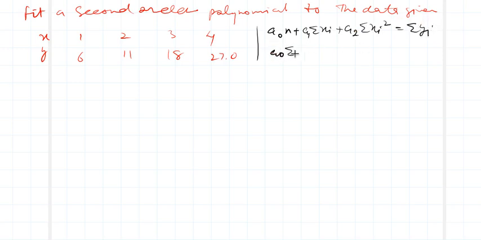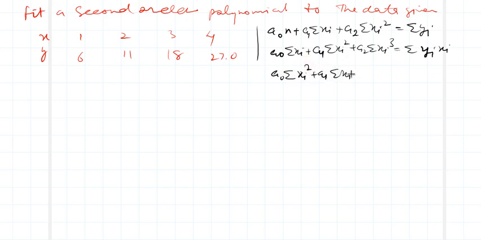Then a naught summation xi plus a1 summation xi square plus a2 summation xi cube is equal to summation yi xi. And a naught summation xi square plus a1 summation xi cube plus a2 summation xi 4 is equal to summation yi xi square.